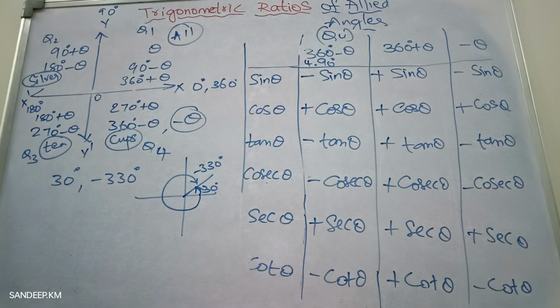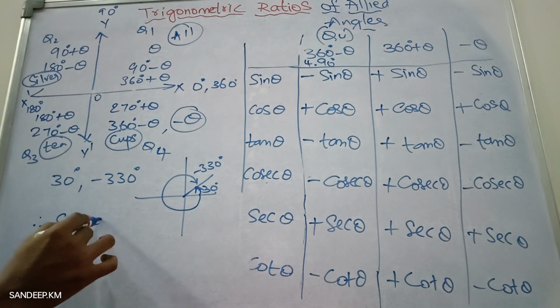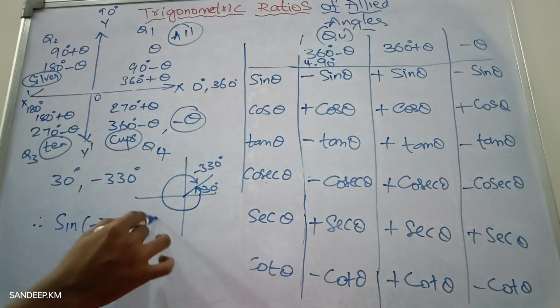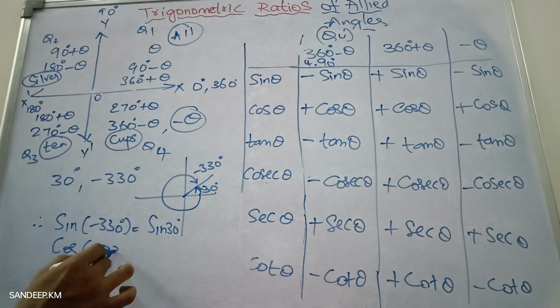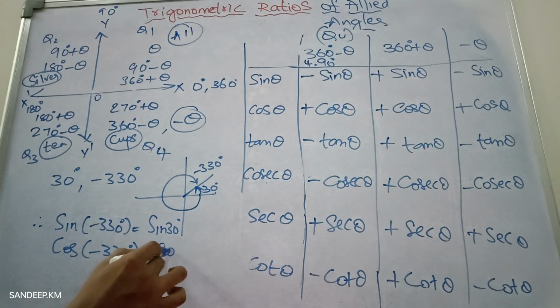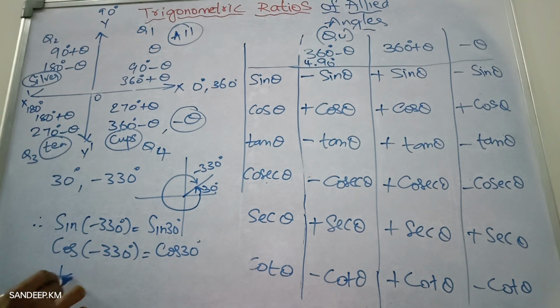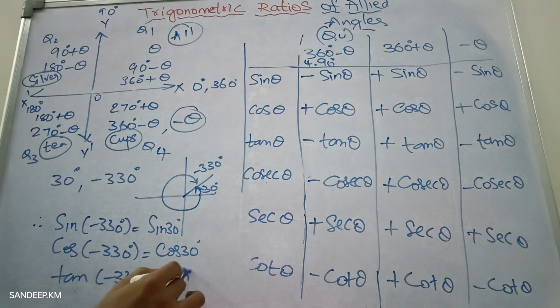I can say that trigonometric ratios of coterminal angles are equal. So sine of minus 330 degrees is the same as sine 30 degrees. Cos of minus 330 degrees is the same as cos 30 degrees. Tan of minus 330 degrees is the same as tan 30 degrees and so on.